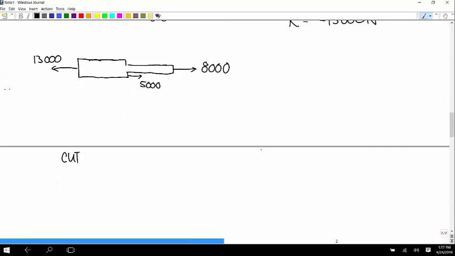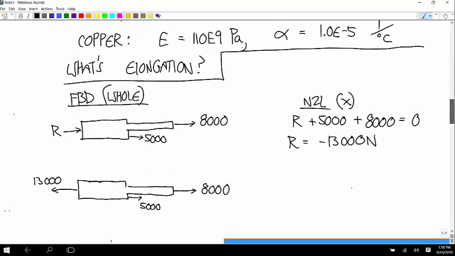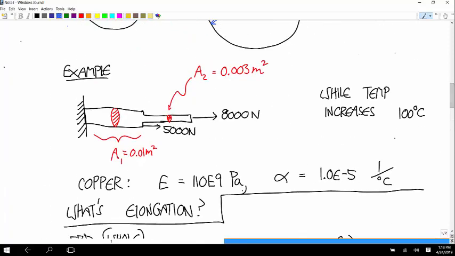Oh, did I give lengths to these? We need lengths. I didn't. Okay, so this is supposed to be 0.4 meters, and this is supposed to be 0.3 meters.